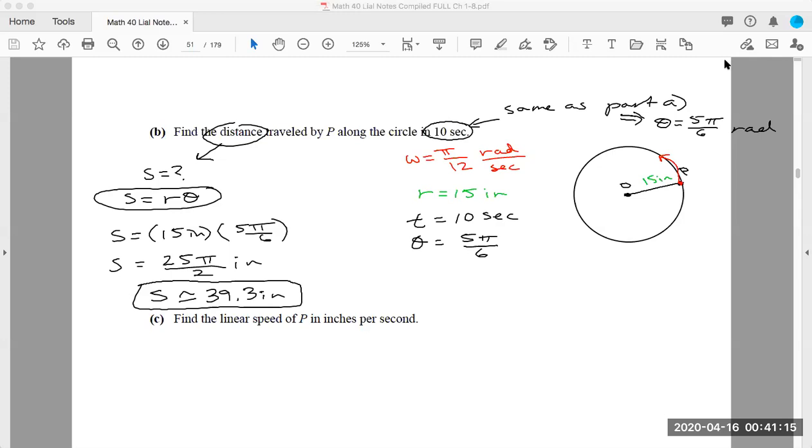All right, and then the last problem we are going to go over is part C. Find the linear speed of P in inches per second. There are actually 2 ways you can do this part.